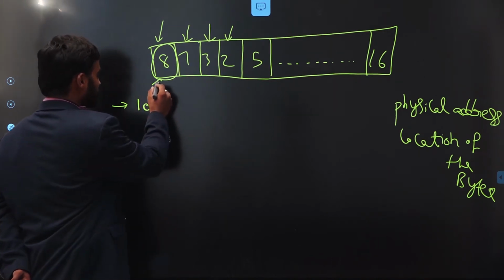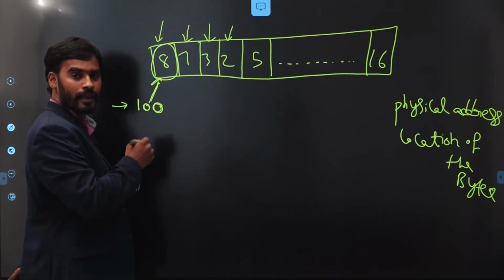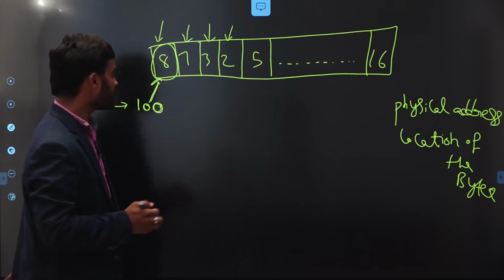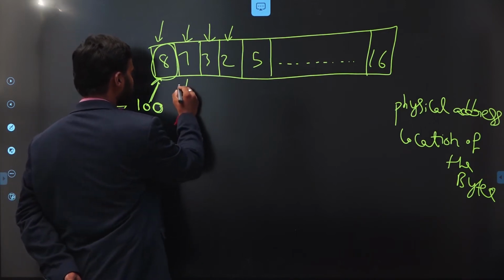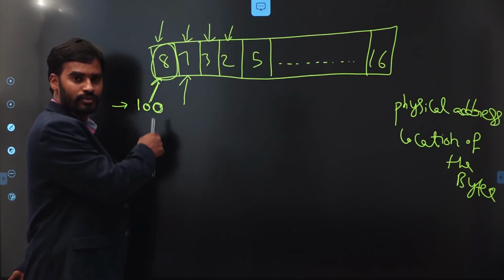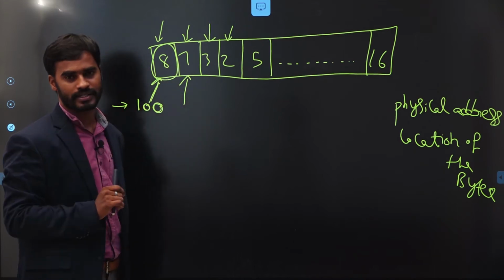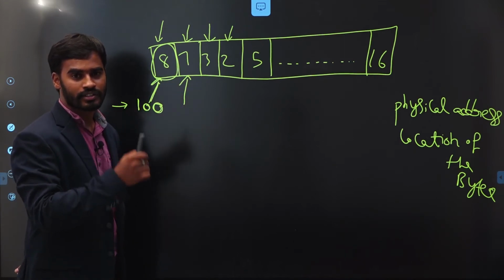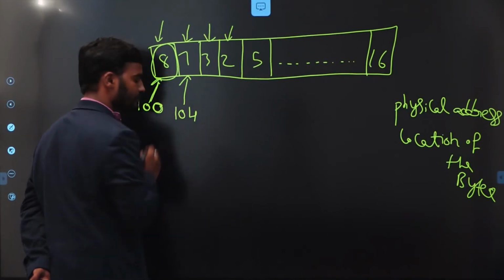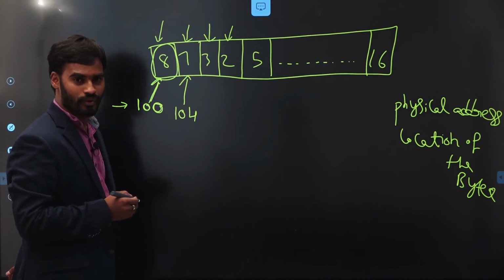The address of the first block is 100 and the first block requires 4 bytes. Then what is the address of the second block? 100 plus 4 bytes, which is 104.